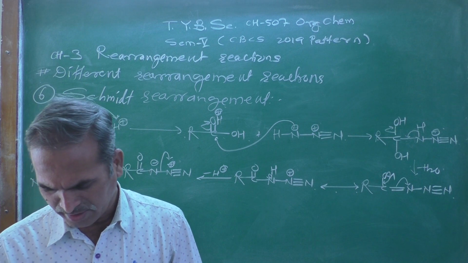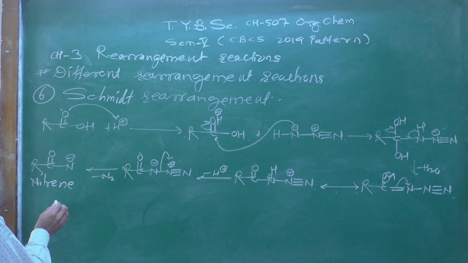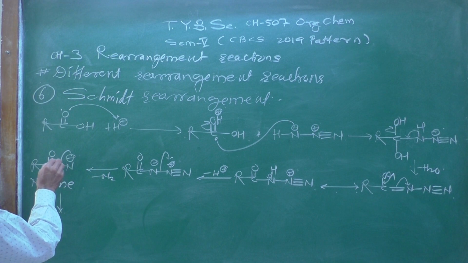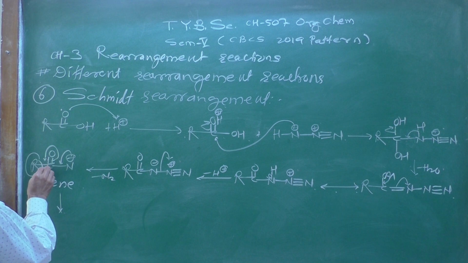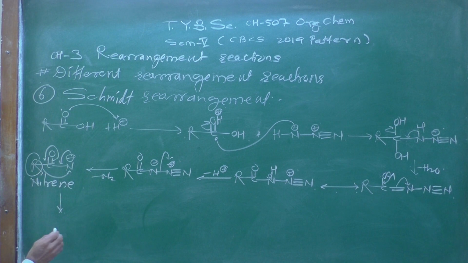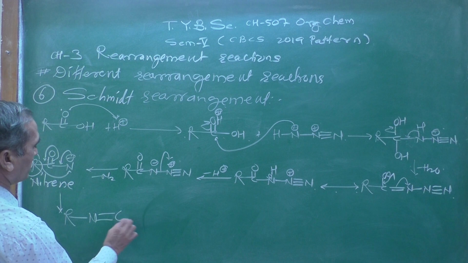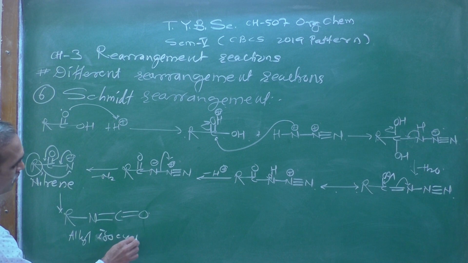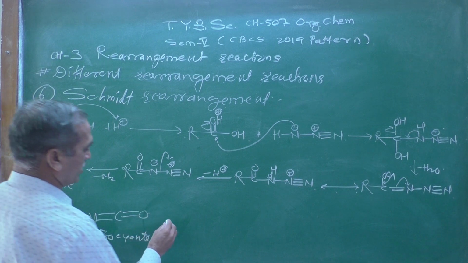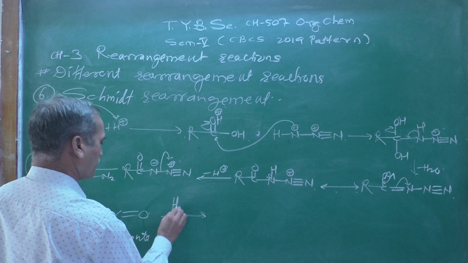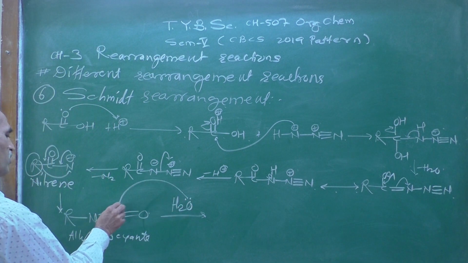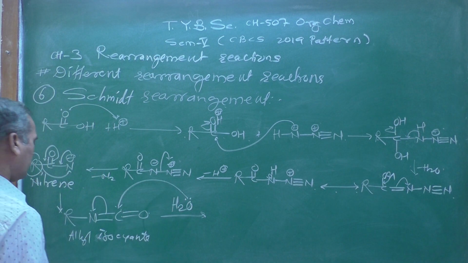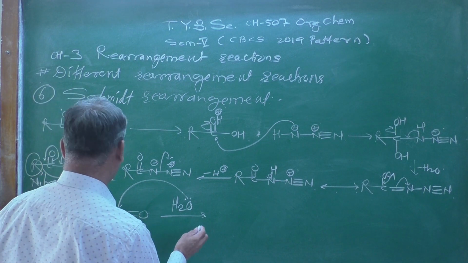Once that nitrene is formed, it can be rearranged, and this R group migrates from here to the nitrogen atom, and we will get as an intermediate R N double bond C double bond O, that is alkyl isocyanate, which will be the intermediate, and then it is further treated with water molecule, this water molecule attacking on that carbonyl carbon, and the double bond is shifted from here.